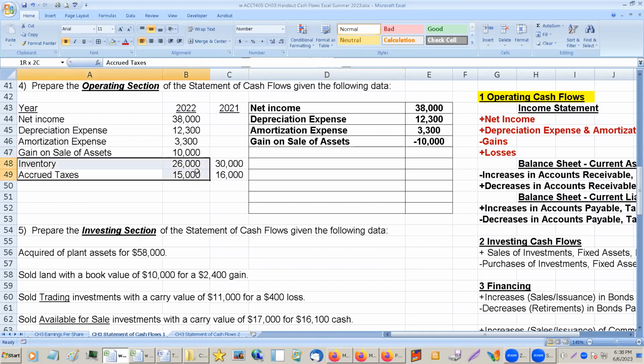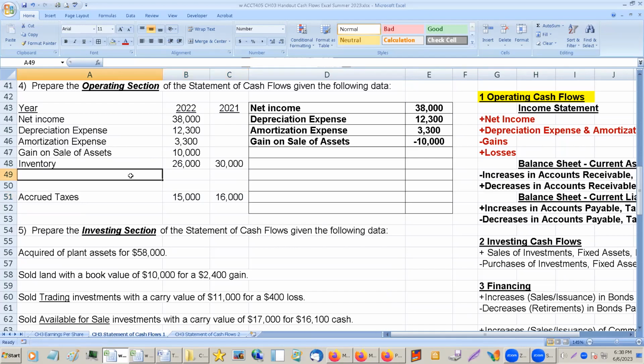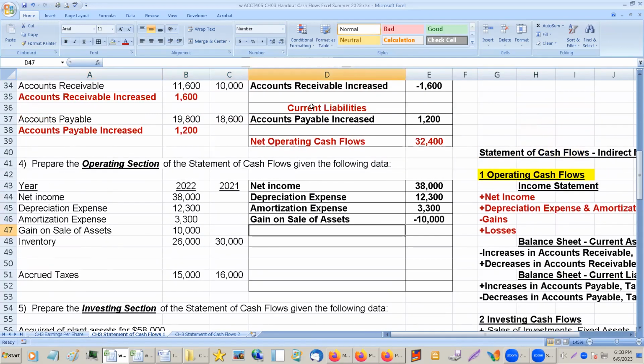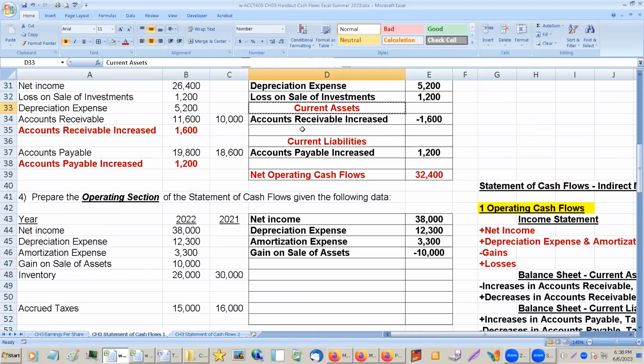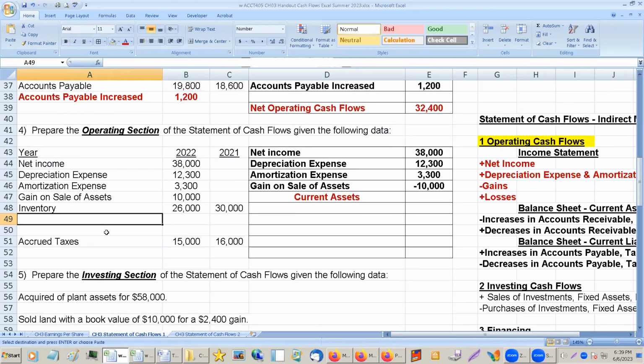Oops, let's split these up. Okay, inventory is an asset. And it is going down, right?